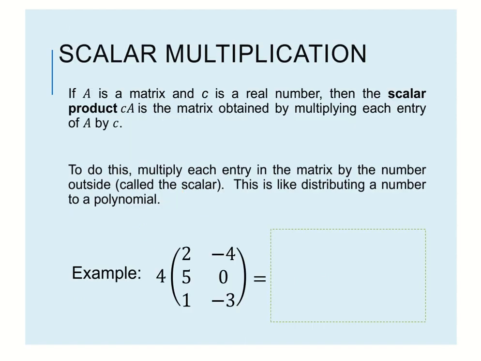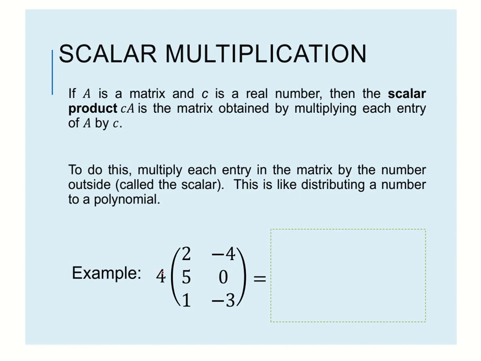Now, scalar multiplication. Scalar multiplication refers to multiplying a matrix by a number. This number is called the scalar. So what do we do here? We distribute the number into each of the entries.